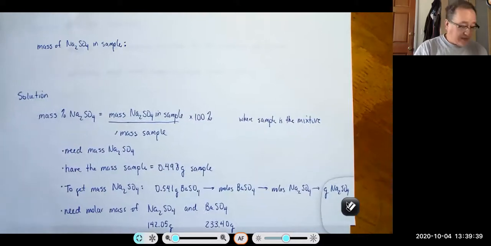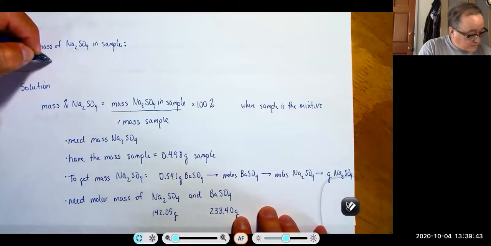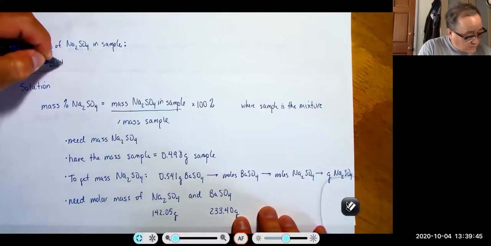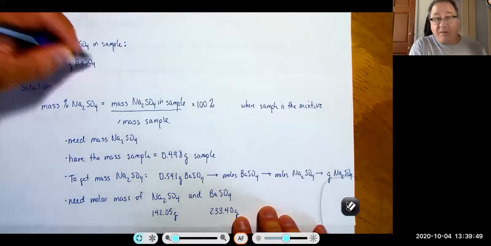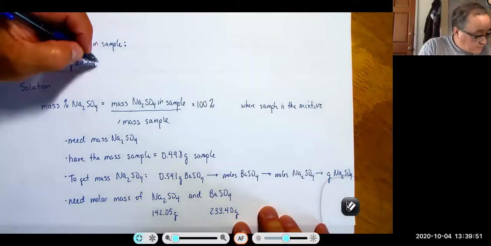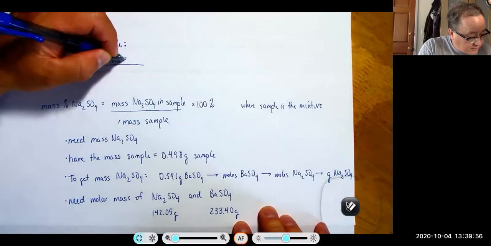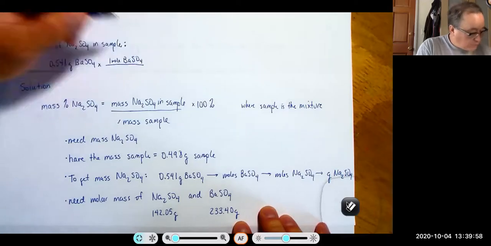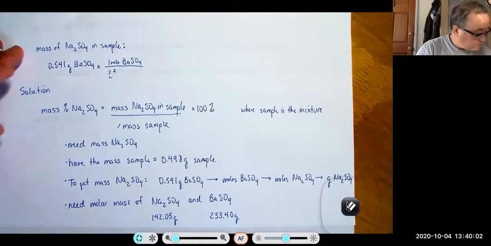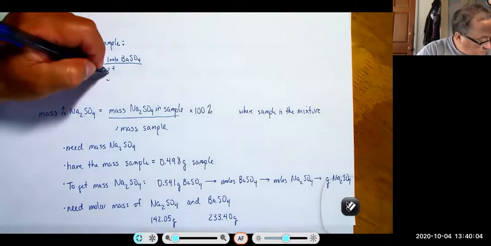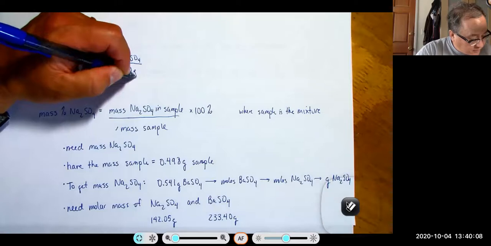Now here is my guide, if you will. I'm going to start off with 0.541 grams of barium sulfate. That was given by the problem. I'm going to multiply by 1 mole of barium sulfate per 233.40 grams of barium sulfate.